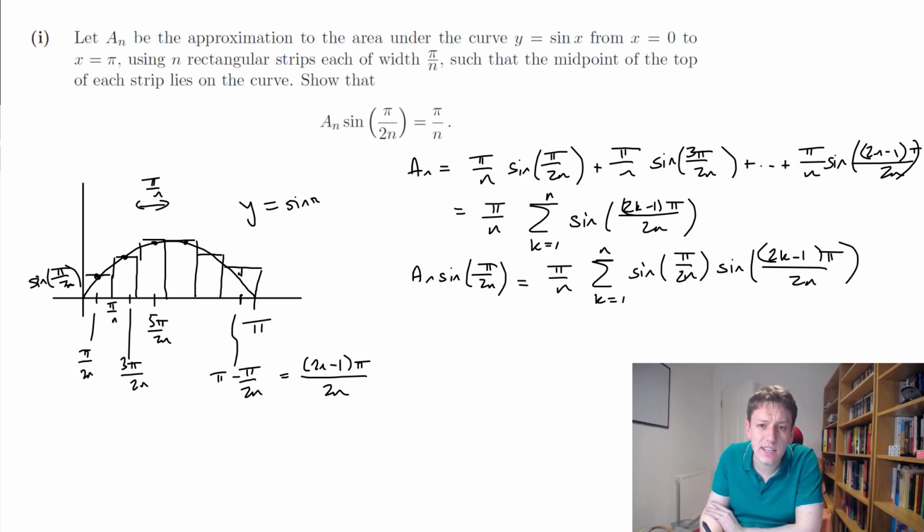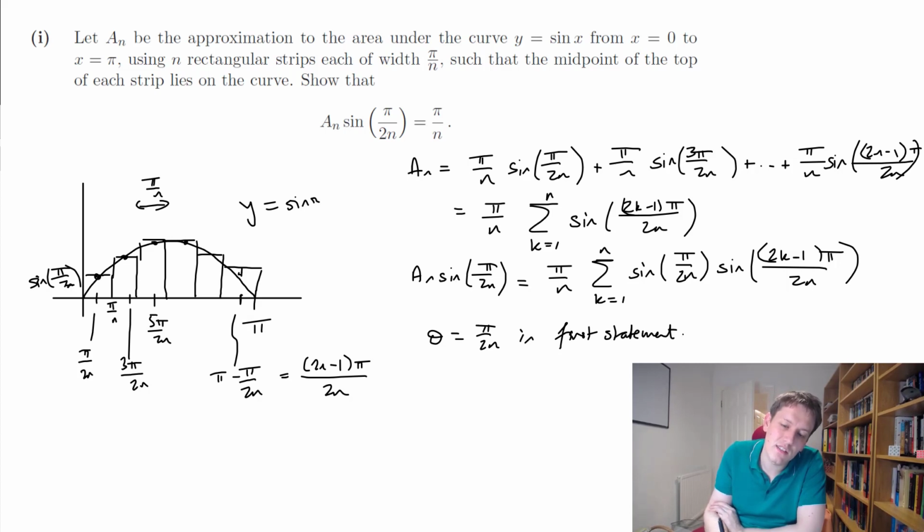Now if you look at this carefully, this sum, it might be clearer if you write it out in longhand, but it's exactly the thing from the introduction, where we take theta equals pi divided by 2n in that first statement that we've proved, right? So again, you can write that out really carefully if that's not clear.